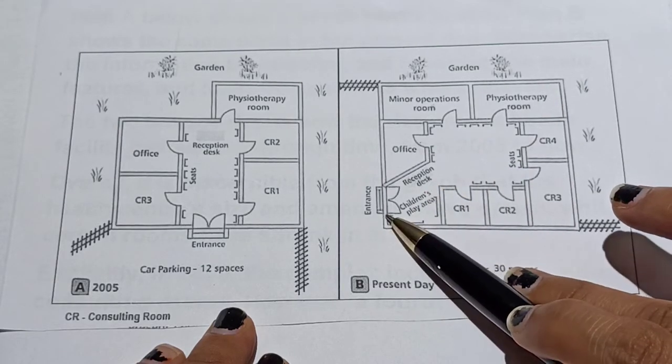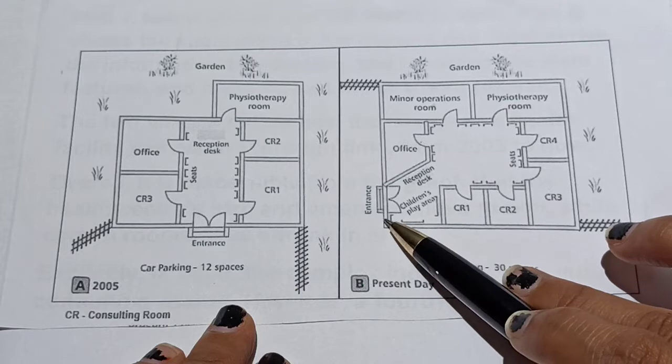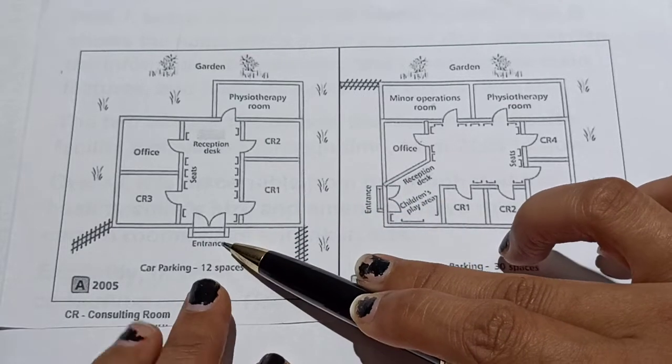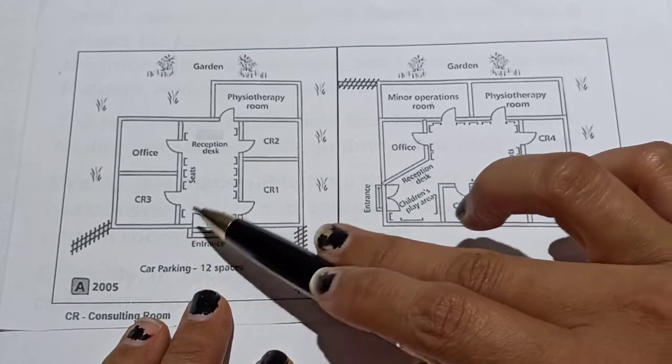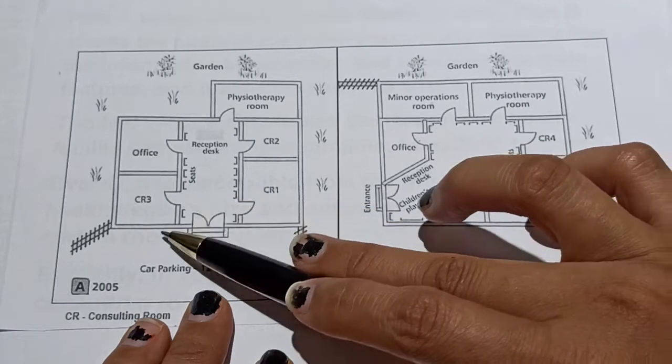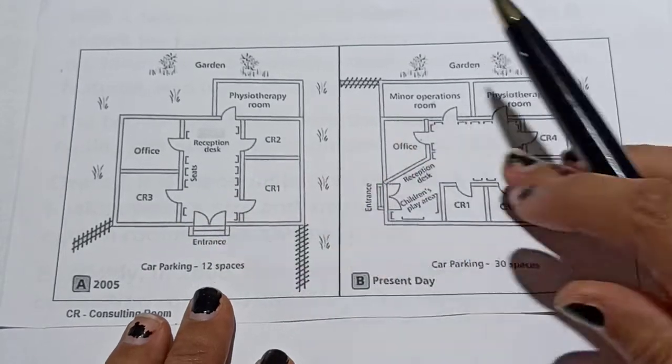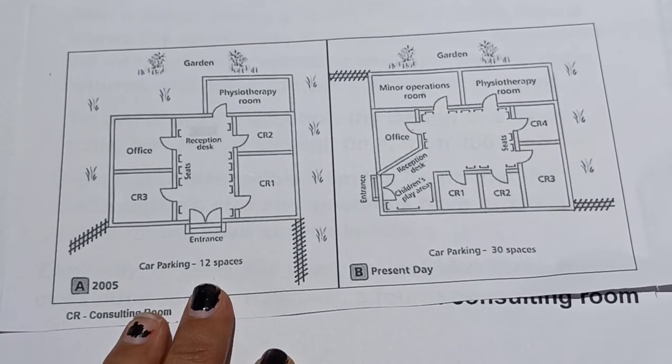Now the entrance is also here in the southwest direction, which was in the middle of consultant rooms 1 and 3 and at the south direction in the year 2005.